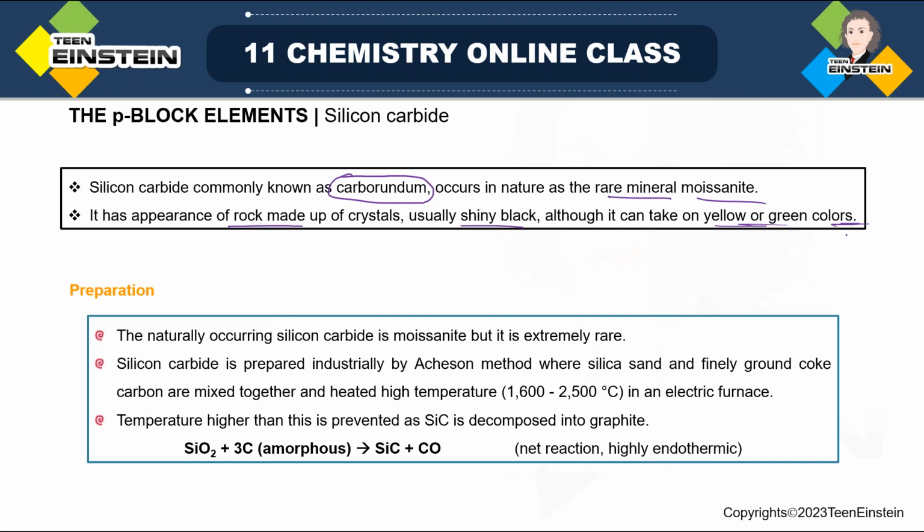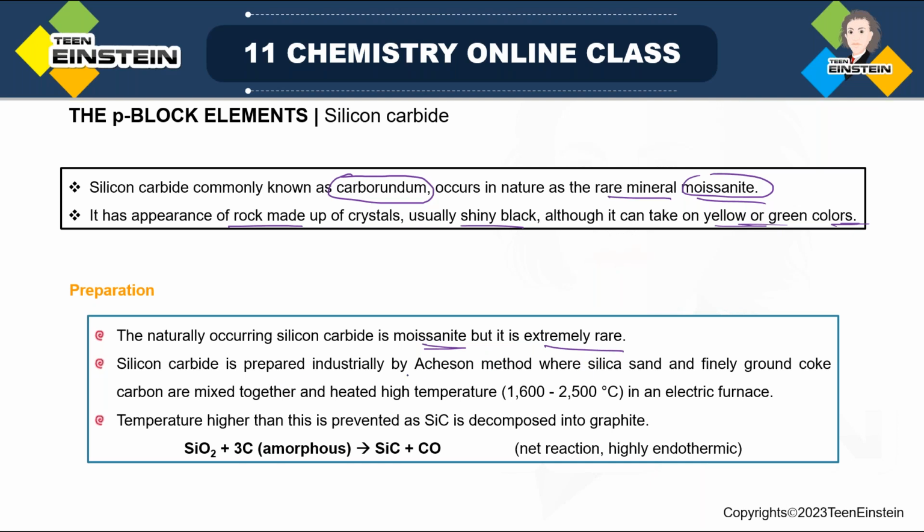How can we prepare it? It is true that naturally we can get it in this mineral moissanite, but remember this naturally occurring silicon carbide mineral, moissanite, is extremely rare. It is not very common.